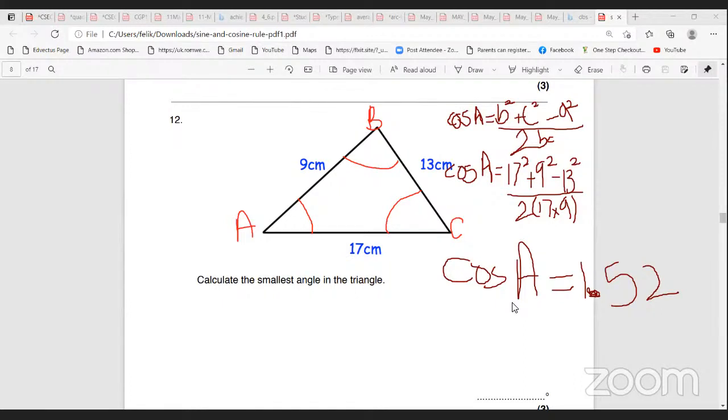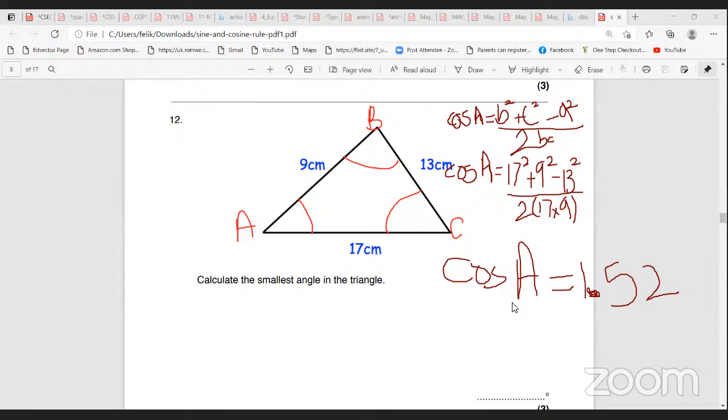Anyone else got 1.52? You should be getting 0 point something. Did you use the inverse? Not yet, but you should be getting 0 point something.